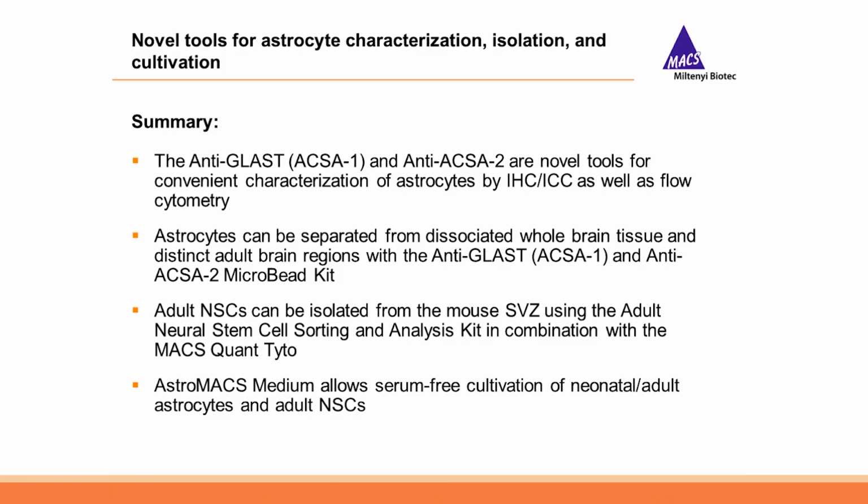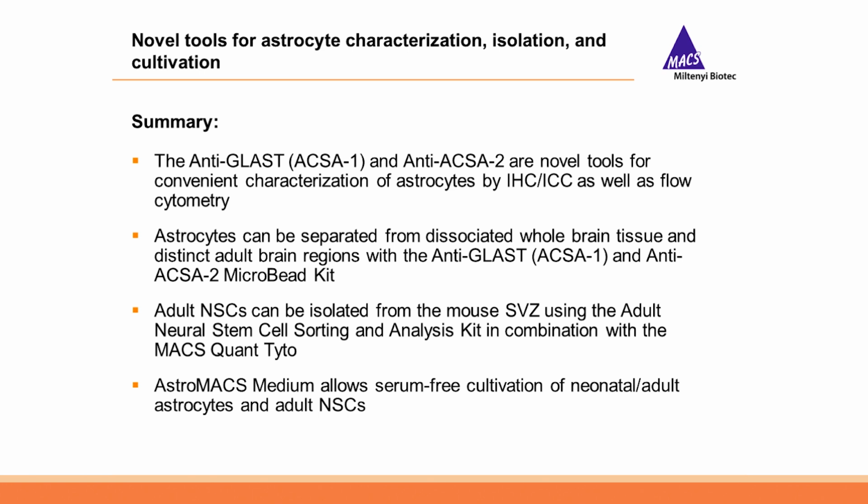I now come to the summary of this talk. We showed you that the anti-GLAST ACSA-1 and ACSA-2 antibodies are novel tools for the convenient characterization of astrocytes by immunohistochemistry and immunocytochemistry, and they can also be used for flow cytometry.